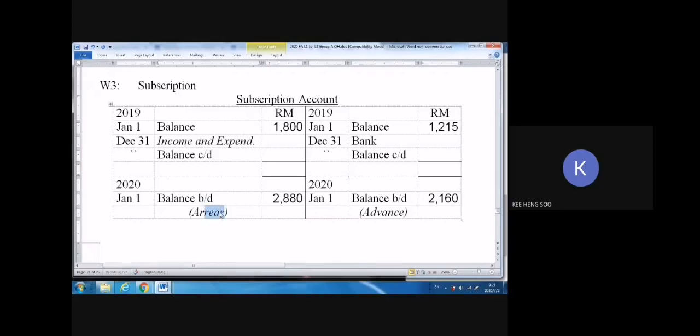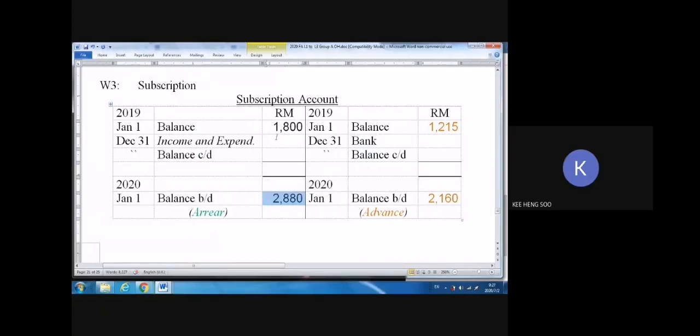Arrears is your asset. Money not received is my asset. It is called in advance. I received extra already. Become my liability. If you refer to the question on the top there, in advance 1215 and 2160 is your liability. 1,008 and 2880 refer to the page 20 is arrears.